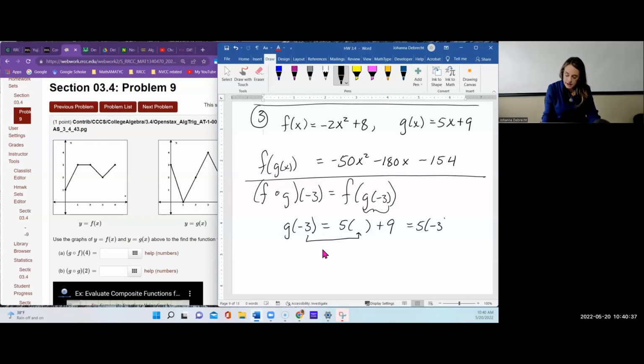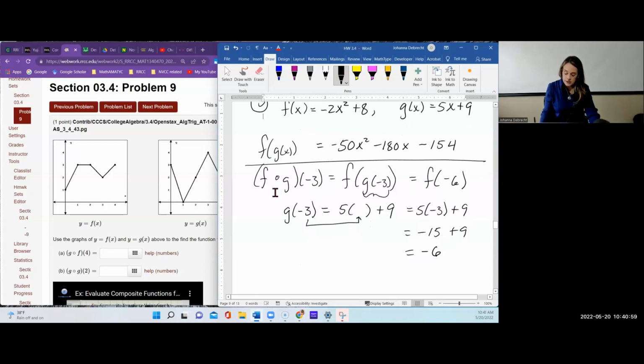That would give us -15 plus 9, which would give us a -6. Then we would take the -6 and replace g of -3 with -6 since they're equal to each other. This means that this would turn out to be f of -6. And we would take the -6 and plug it into the f function.